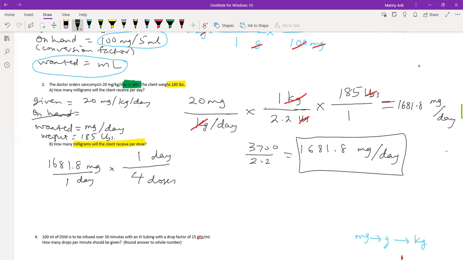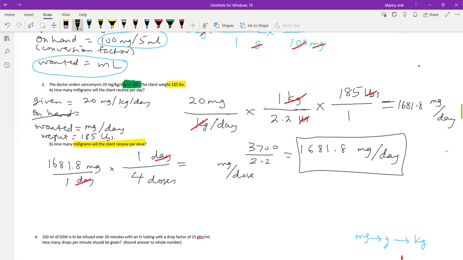The day crosses out, so I end up with the desired units, milligram per dose. So I have all the numbers in the right places.